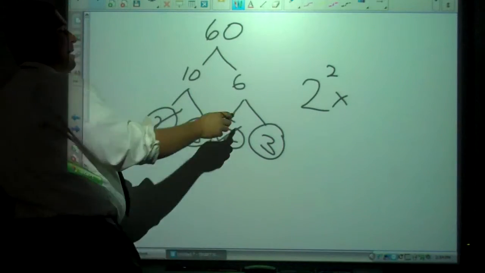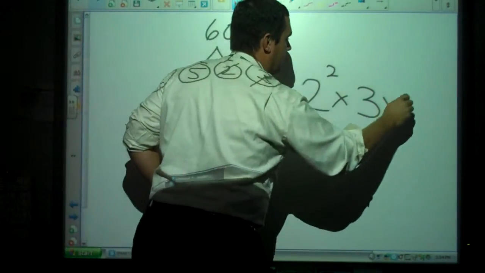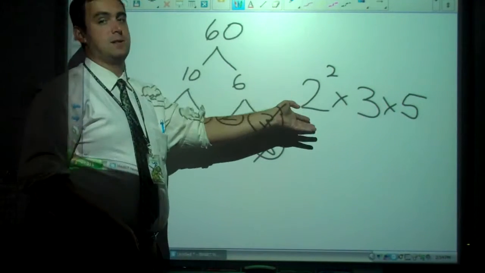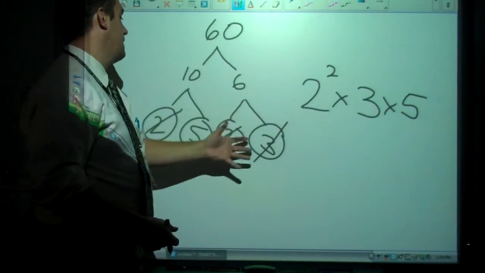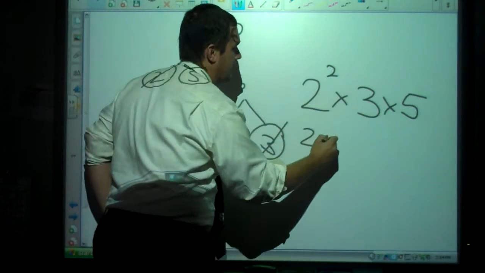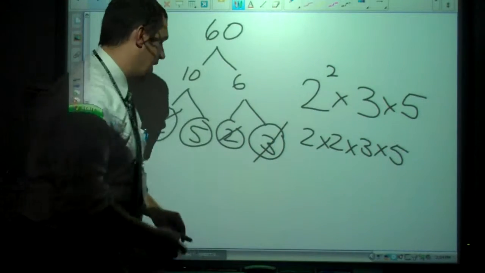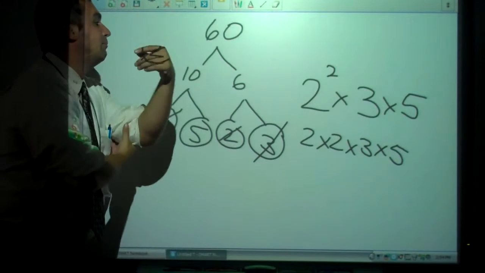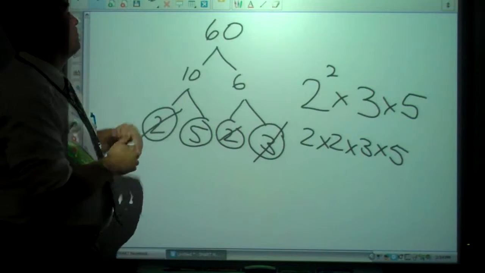How many 3's? 1 3. How many 5's? 1 5. So this is written with exponents, exponential notation. And this is the same as writing 2 times 2 times 3 times 5. A little bit shorter, makes life easier for mathematicians, scientists, students, teachers. And that's what we covered today in class about exponents.